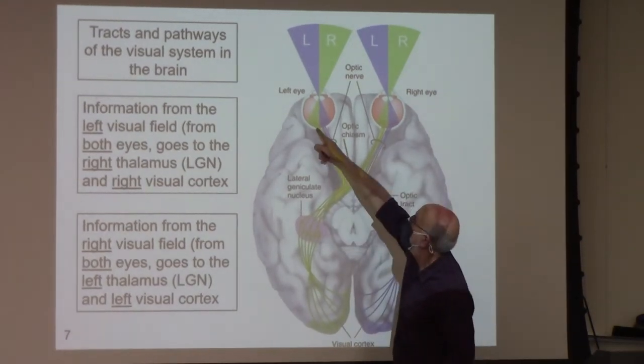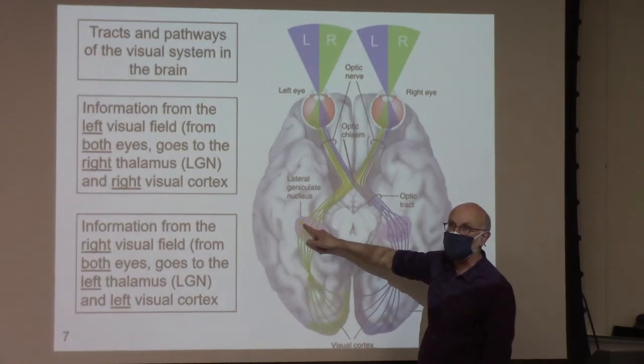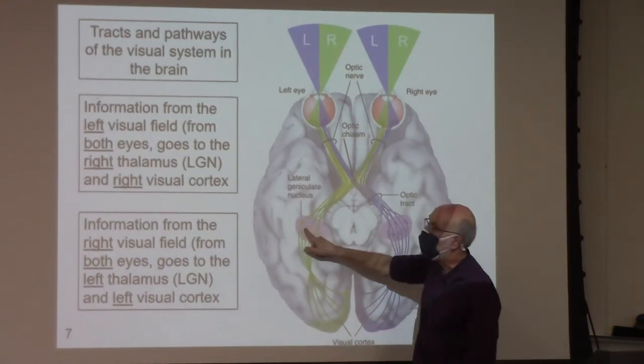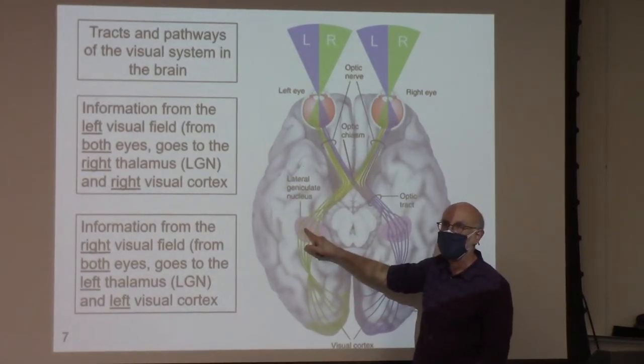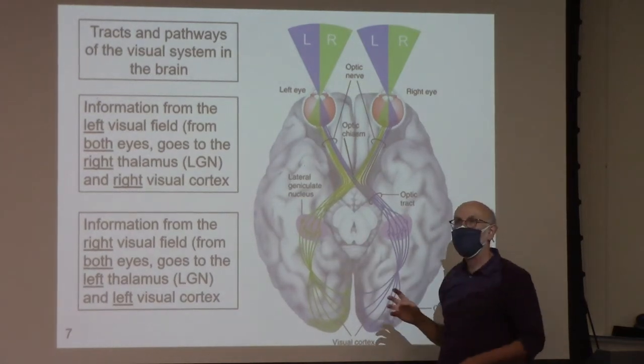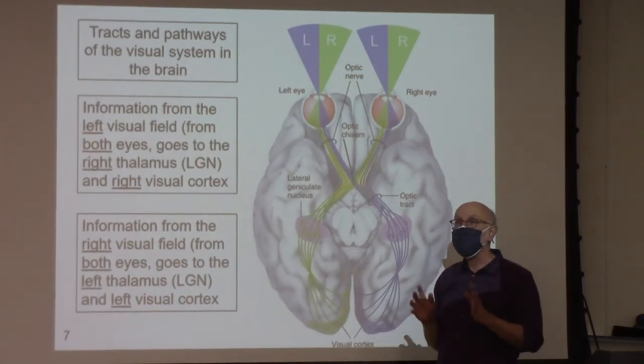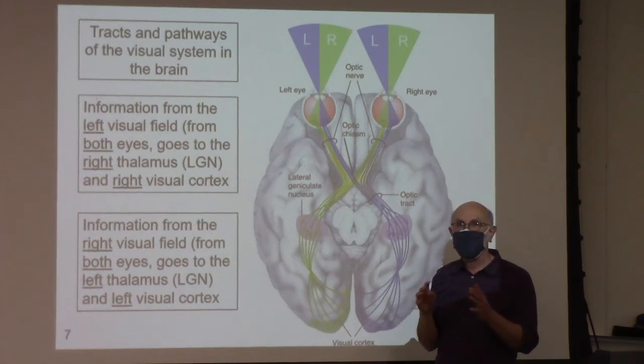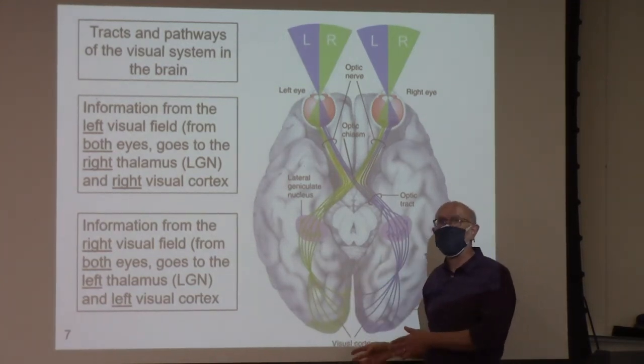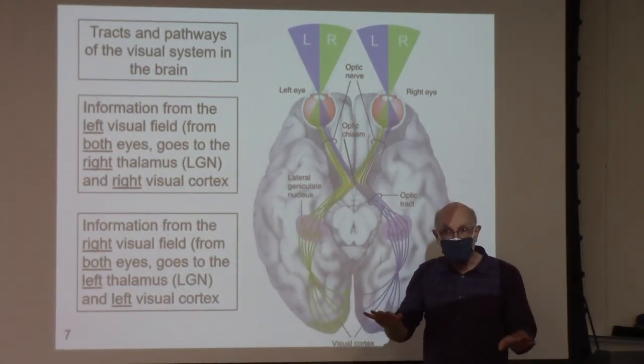We get information from the left eye to the left lateral geniculate nucleus, and we get information from the right eye to the left lateral geniculate nucleus, and vice versa. So what does not happen is that left eye goes to the right side and right eye goes to the left side. That is not what happens.